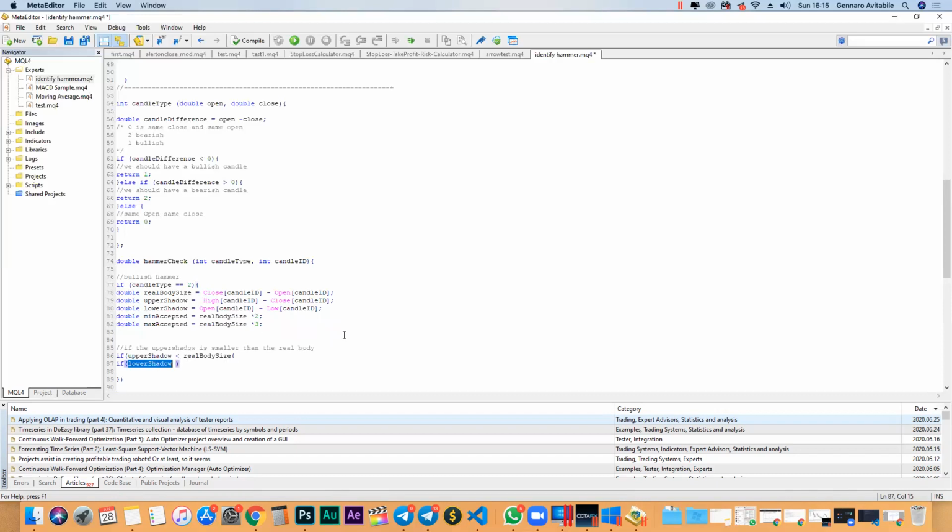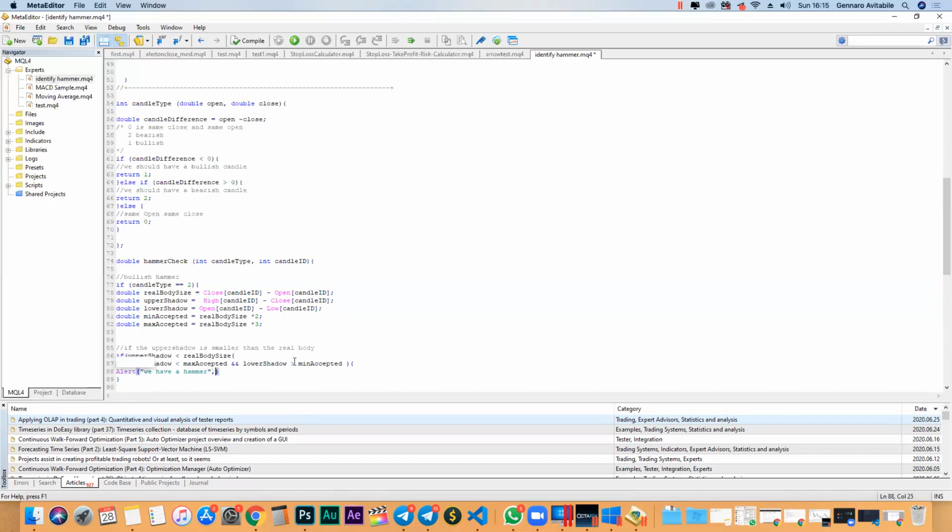So if lower shadow is going to be smaller than max accepted and lower shadow is going to be greater than minimum accepted, then alert, we have a hammer.